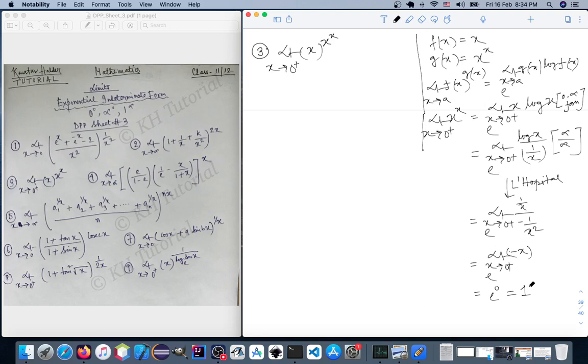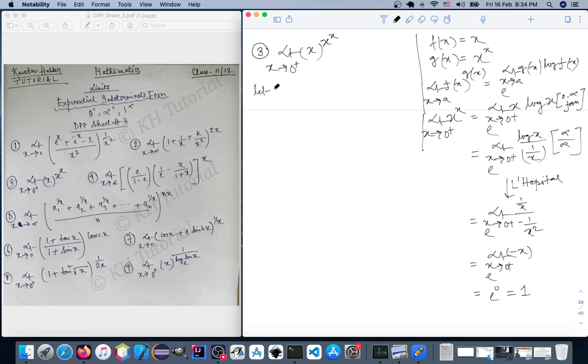It is not falling in the category of the standard indeterminate forms, 0 to the power 0, 1 to the power infinity, or infinity to the power 0. At least we have found out that g(x) is tending to 1. So let's try the general method of solving exponential limits.